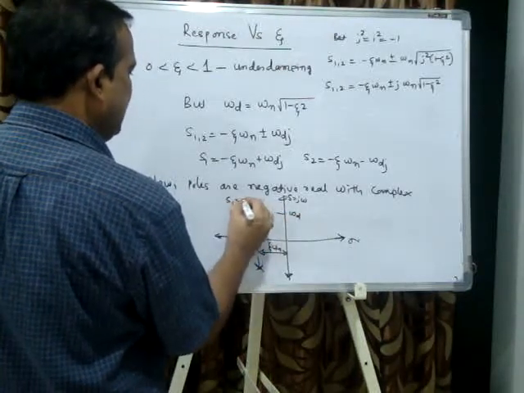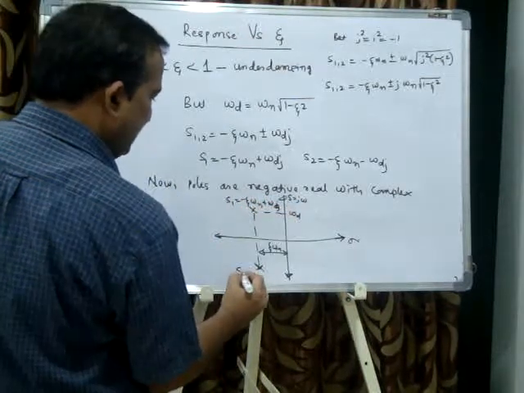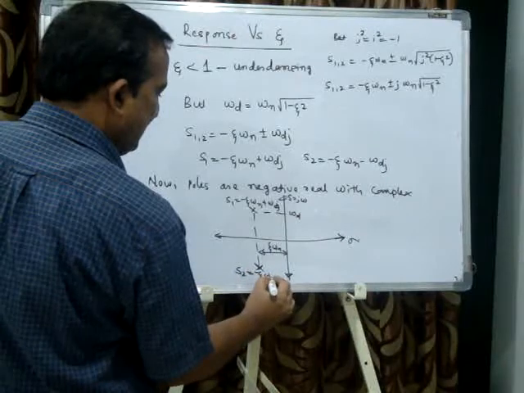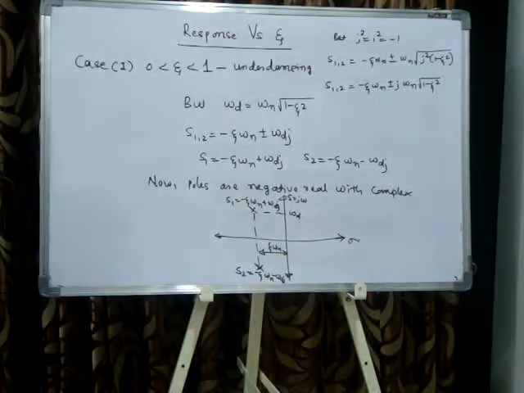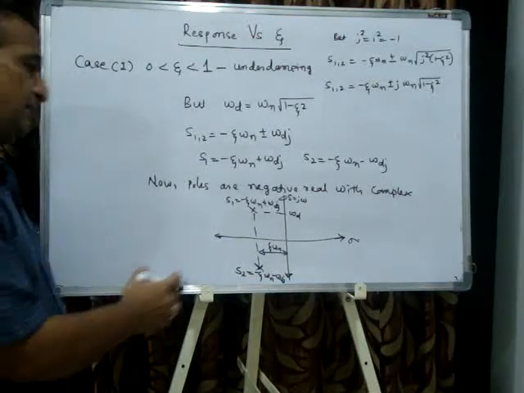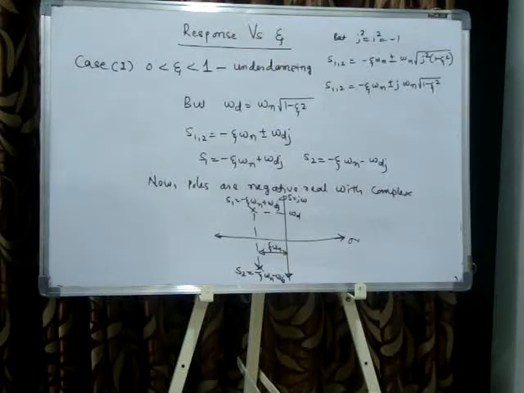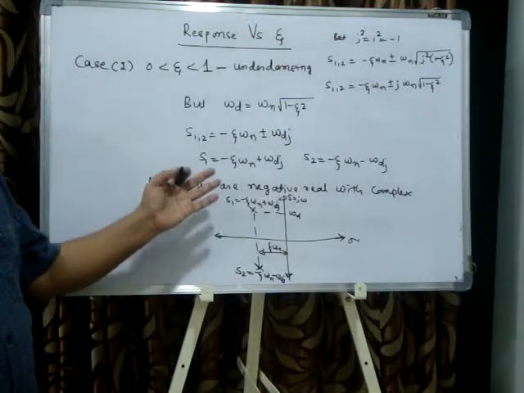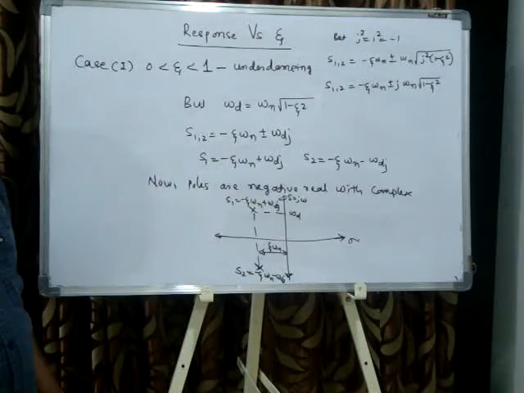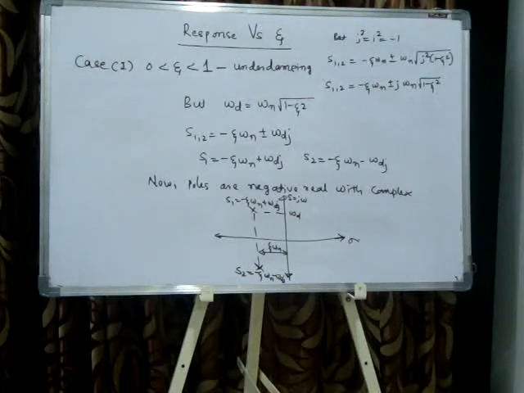So S1 is minus zeta omega n plus j omega d and S2 is minus zeta omega n minus j omega d. Okay, this is very important: what is the inference of this graph? When the poles are negative real with complex, due to the complexity, what happened? You will get a sine function in the response. Response is c of t.